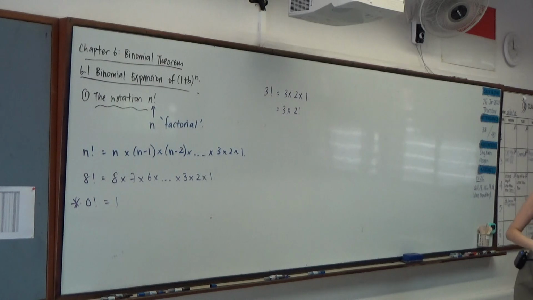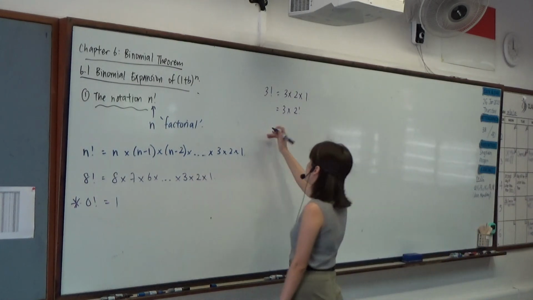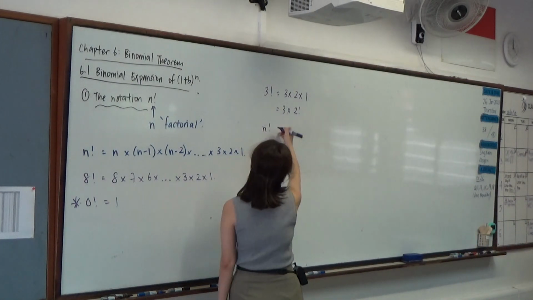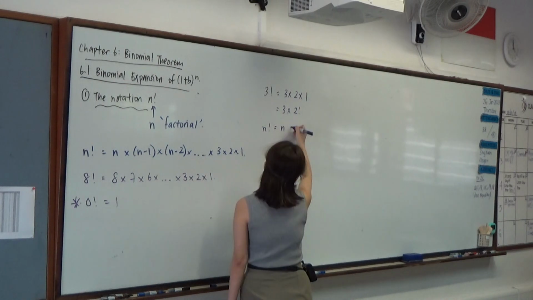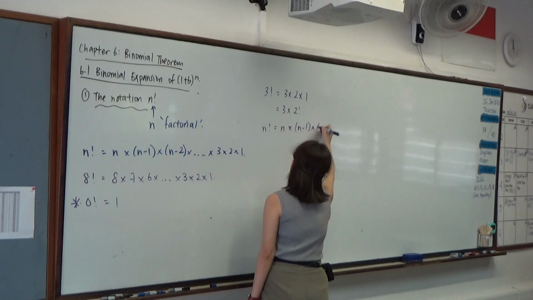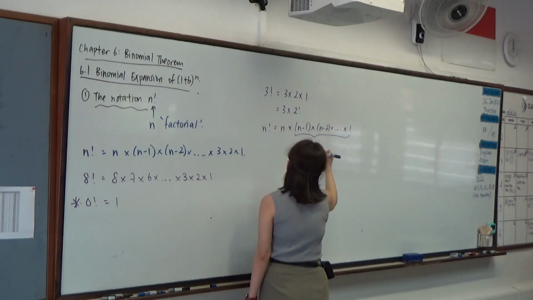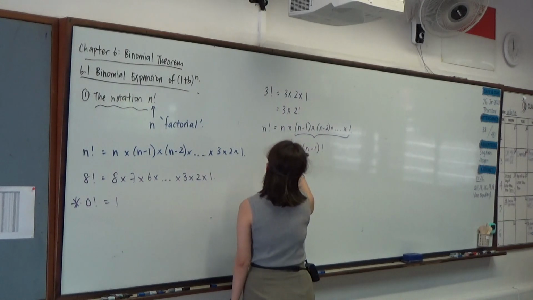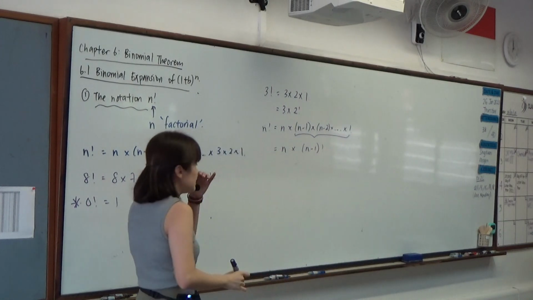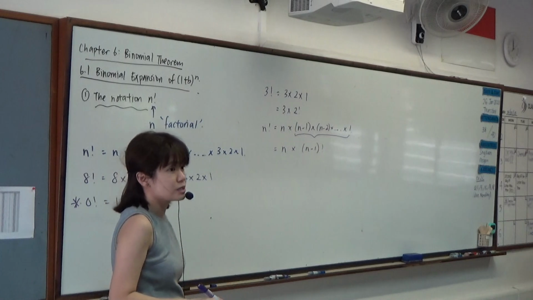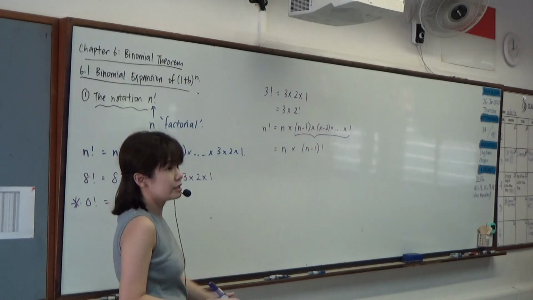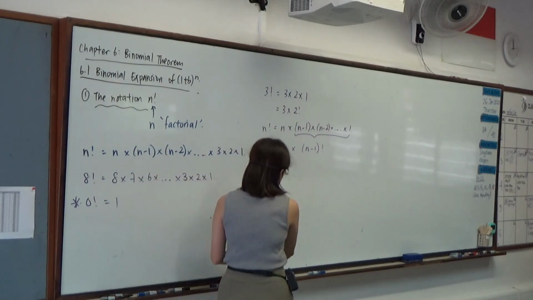So what we can say is that if there's an n factorial, I can have n times n minus 1 times n minus 2, and so on until 1. This part over here is also what we call n minus 1 factorial. So n factorial is equal to n times n minus 1 factorial. Agree?